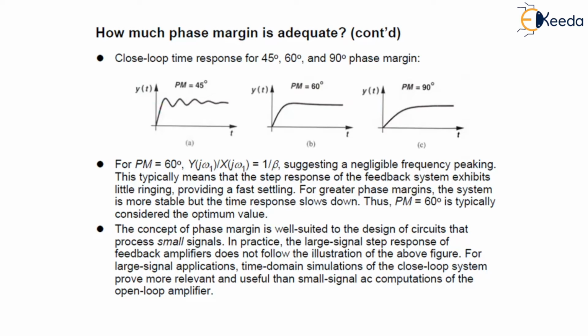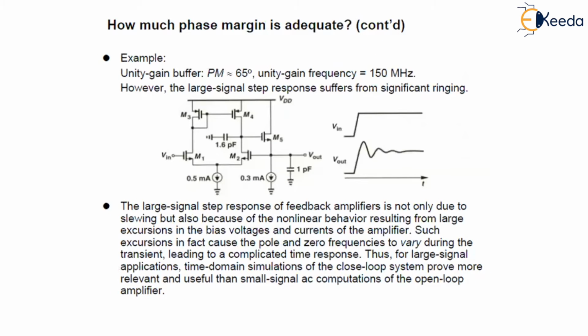Okay, so here is an example of a feedback circuit exhibiting a reasonable phase margin but poor settling behavior. Consider the unity gain amplifier, which is shown over here, where the aspect ratio of all transistors is assumed to be 50 micrometer upon 0.6 micrometer.